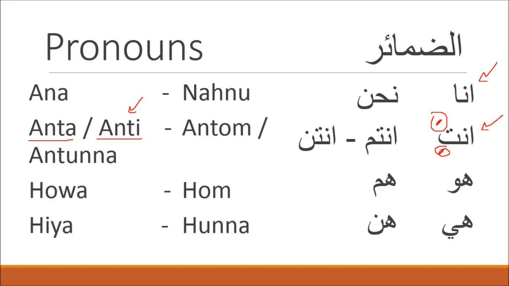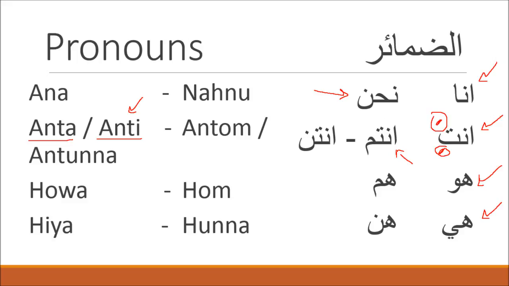So, again, ana is I, anta is you for male, anti is you for female, huwa is him, hiya is her, nahnu is we, antum is you all, and this works for groups of people. It doesn't matter if they are male or female, both can work.